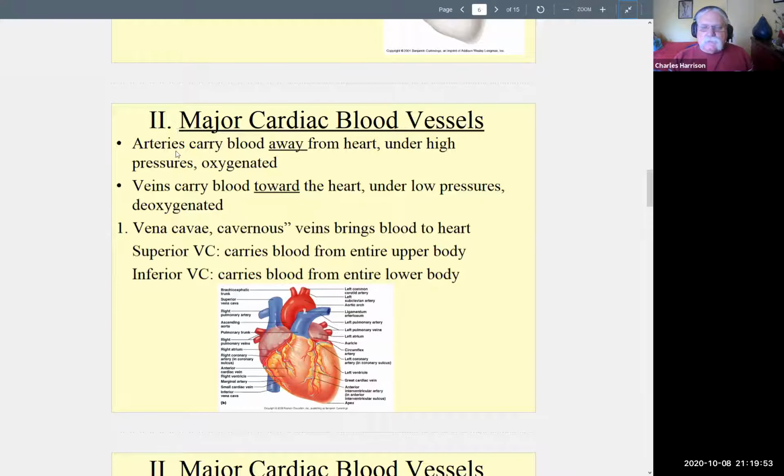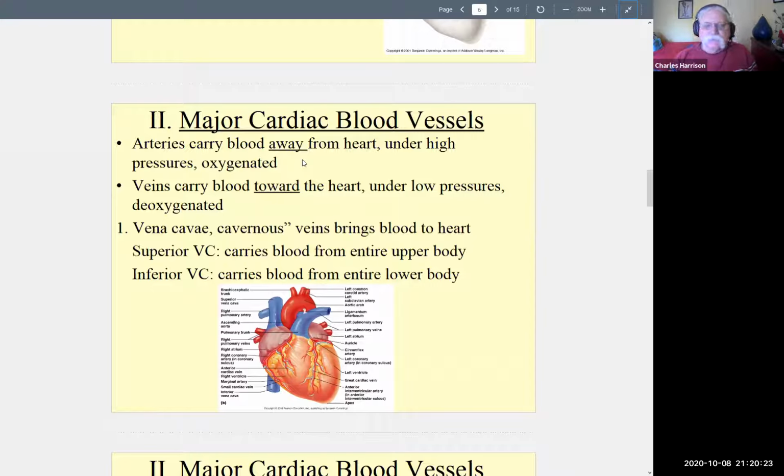I told you this the other day, but it bears repeating. It's definitely going to be a test question. Arteries carry blood away from the heart under high pressures, and the blood is considered to be oxygenated most of the time. In this PowerPoint, it says it's oxygenated all the time, but we do have a couple of instances where blood in an artery is not oxygenated.